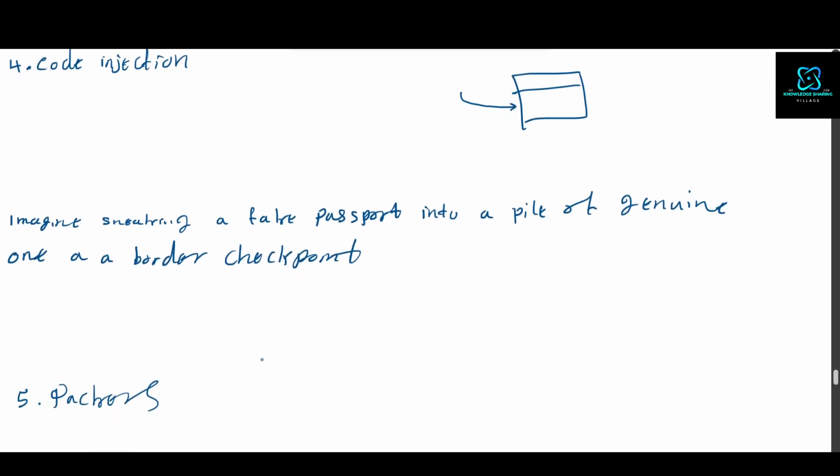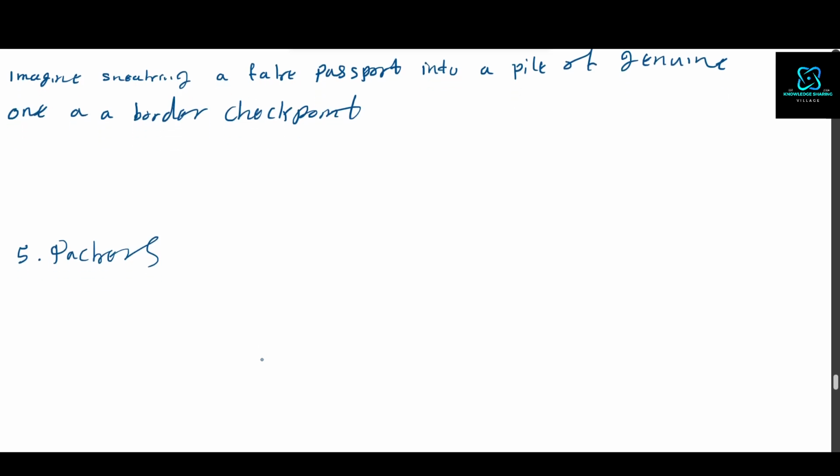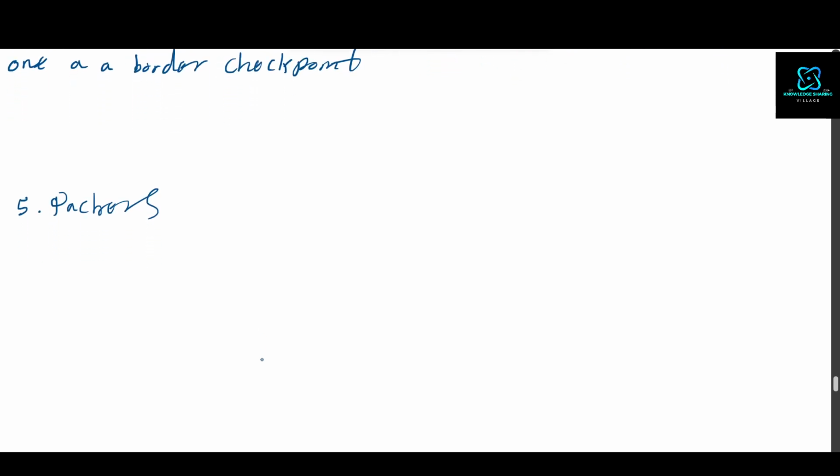Okay, the fifth mechanism that can be used is called packers. Packers compress or encrypt the malware's code into a smaller format.